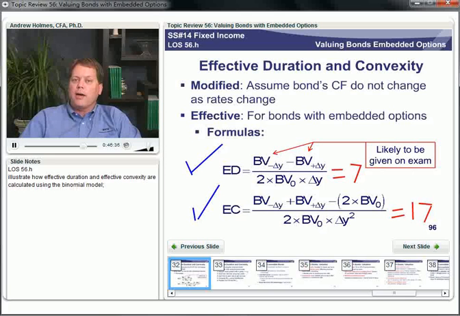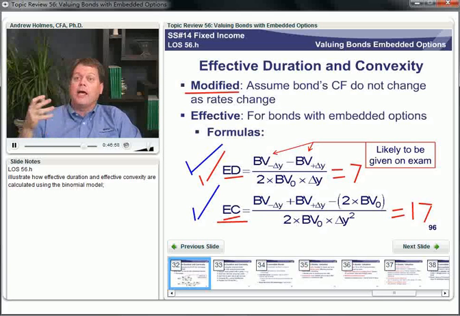We talked about this when we talked about using the effective duration number, when we talked about using key rate duration. So this convexity, remember, is just a correction that has to be used in conjunction with duration. Now, notice that we labeled this ED and EC, effective duration and effective convexity. There's a labeling difference here.